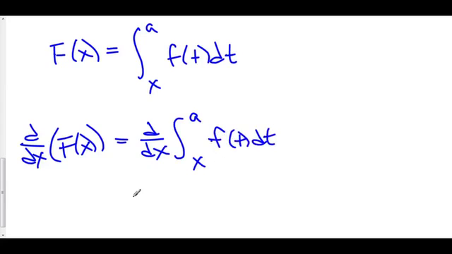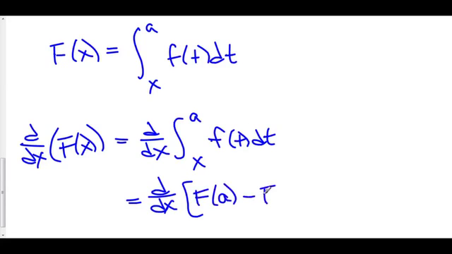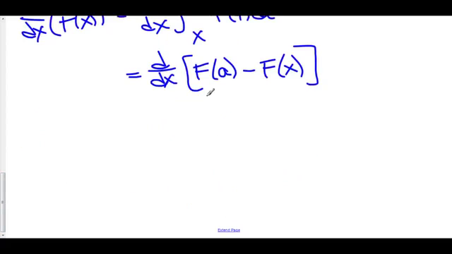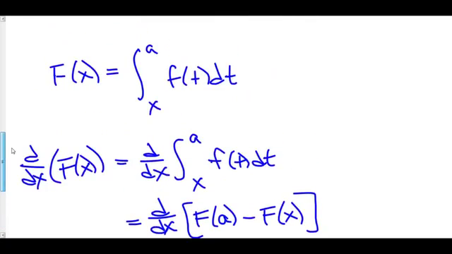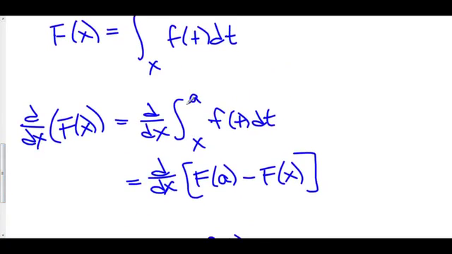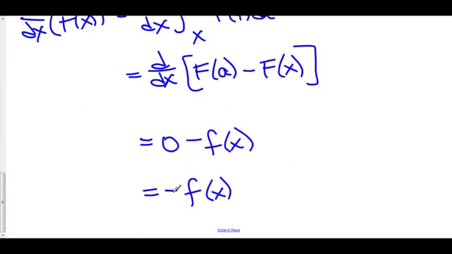And if you use FTOC part 2, this is the derivative of big F of a minus big F of x. And of course, the derivative of big F of a, which is a constant, is just 0, minus the derivative of big F of x, which is little f of x. And so you just have a negative in front, just negative f of x. The reason for this is because when you flip your limits of integration, you always put a negative out in front. So this does make perfect sense.